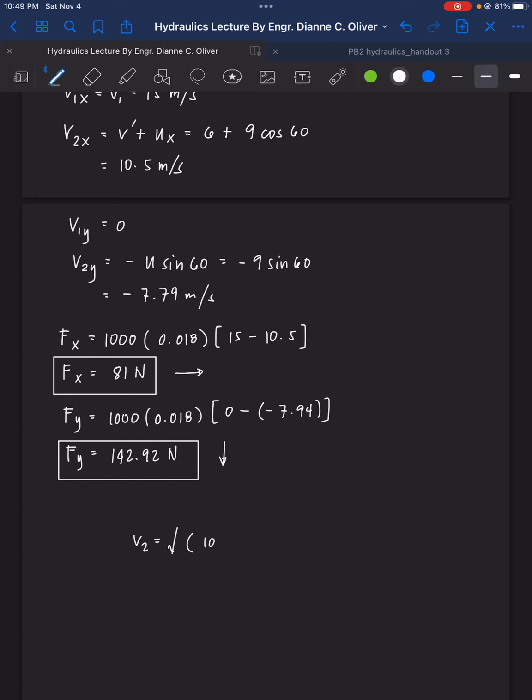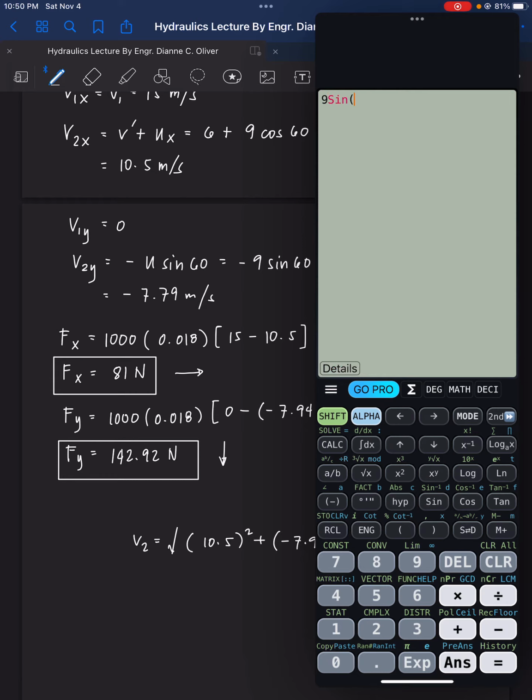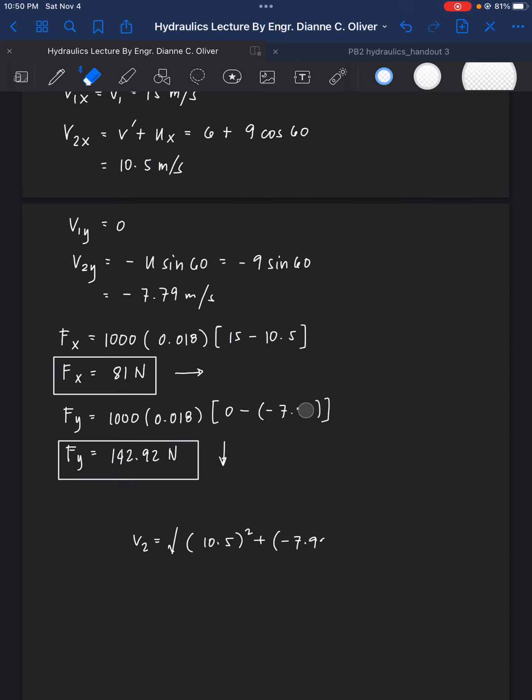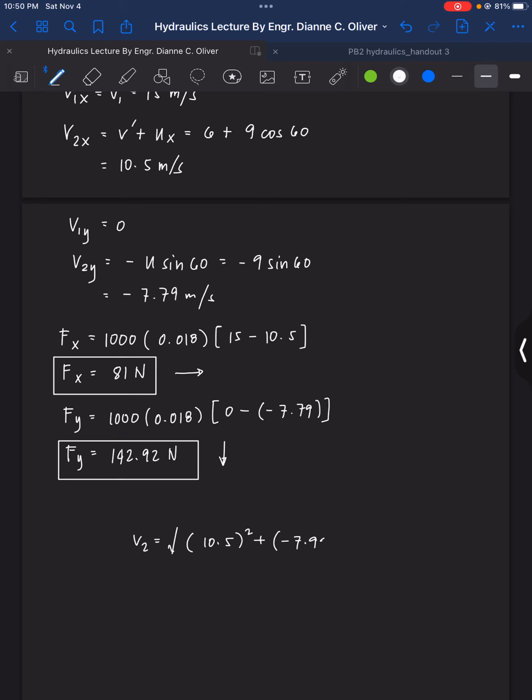So V2x is 10.5 squared plus negative 7.90, 9 sine 60, 7.79. I see, it should be 79 here. So 1,000 times 0.018 times 7.79 is 140.22.